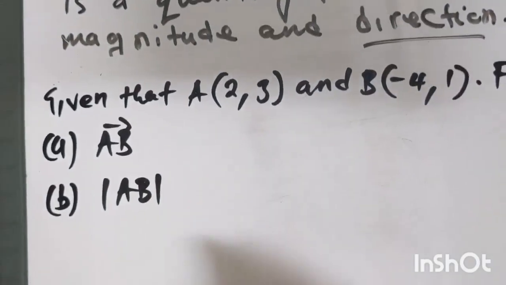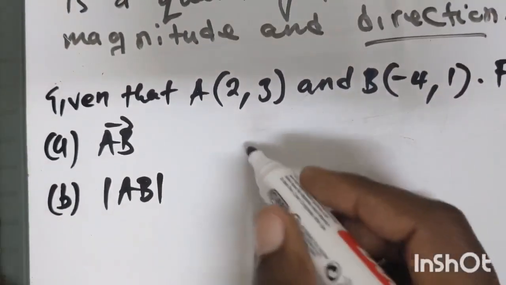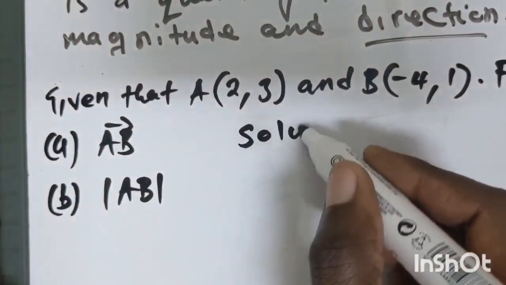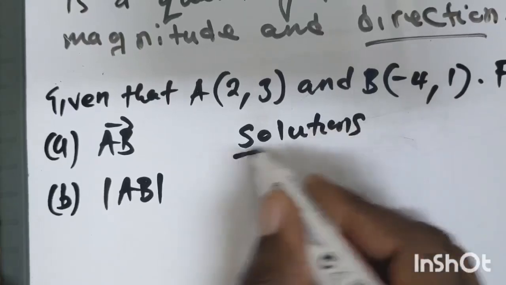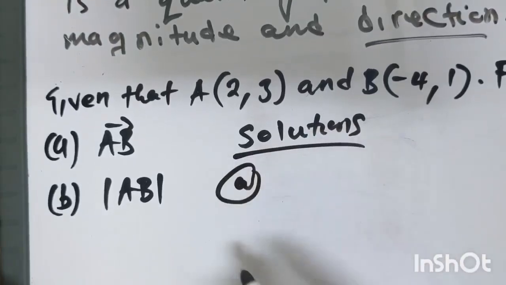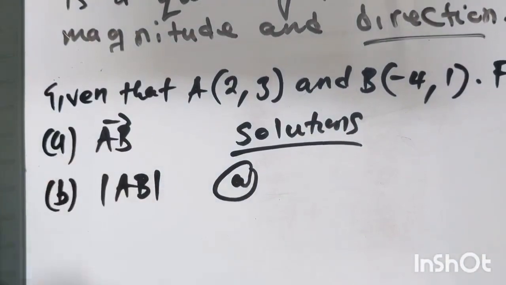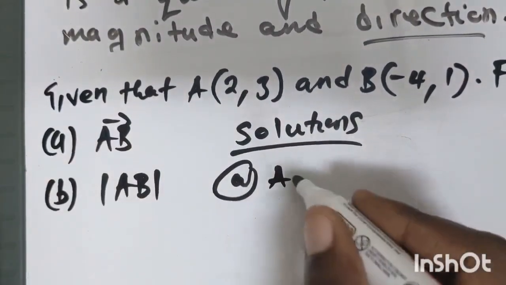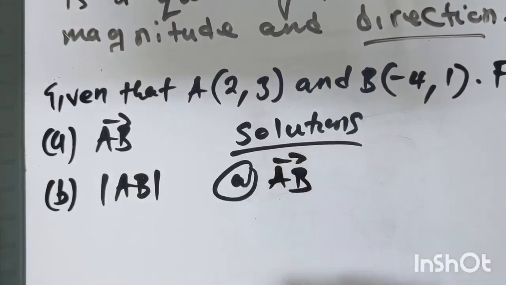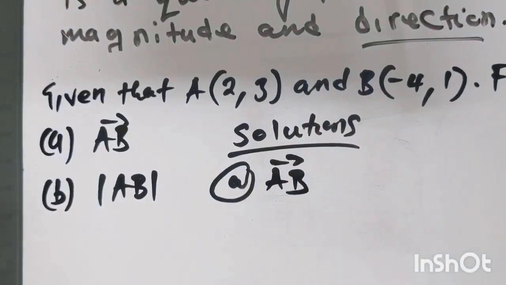So let's solve this question. Solutions. We'll start with A. We have vector AB, that is what we are looking for. So what is vector AB?